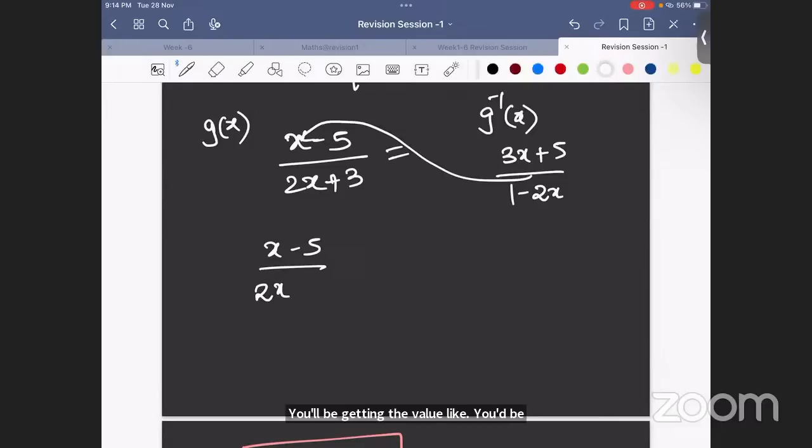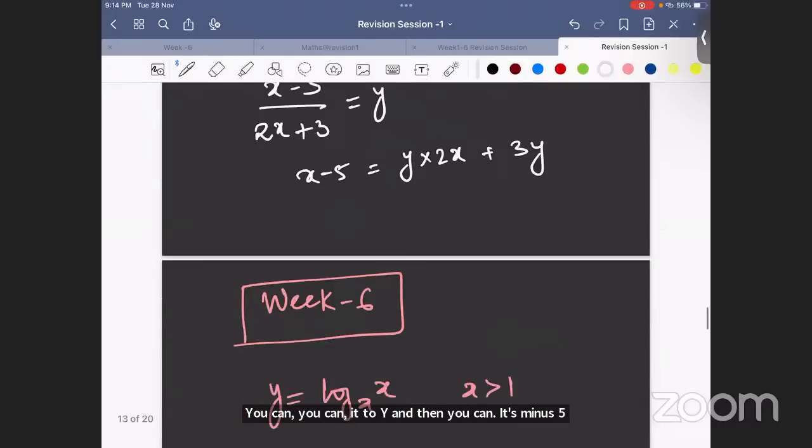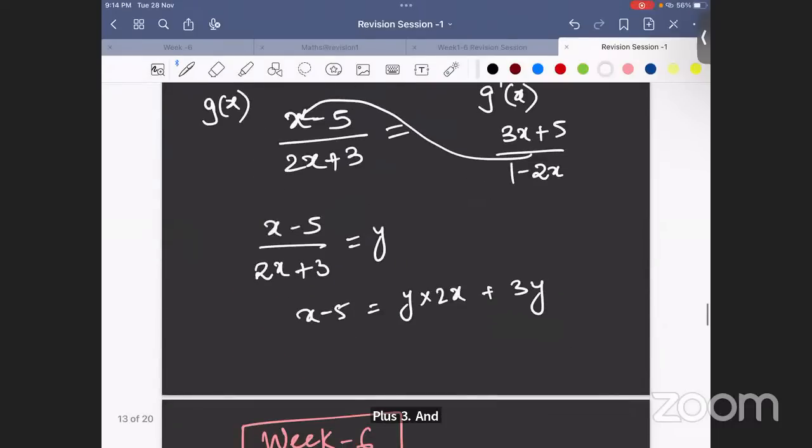But this type of problem can also be solved by equating it to y: x minus 5 equals y times 2x plus 3y. Then write it like this: 2xy minus x equals minus 3y minus 5.